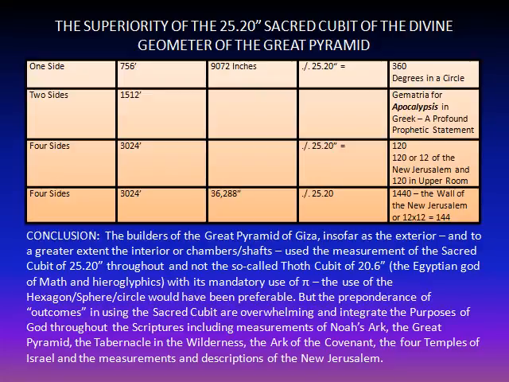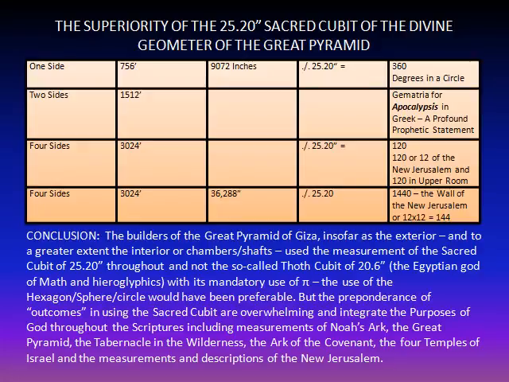Now, our conclusions from these comparisons: the builders of the Great Pyramid of Giza, insofar as the exterior, and to a greater extent the interior, or chambers and shafts and so forth, used the measurement of the sacred cubit of 25.20 inches throughout, and not the so-called Thoth cubit of 20.6 inches, named after the Egyptian god of math and hieroglyphics, with its mandatory use of pi.